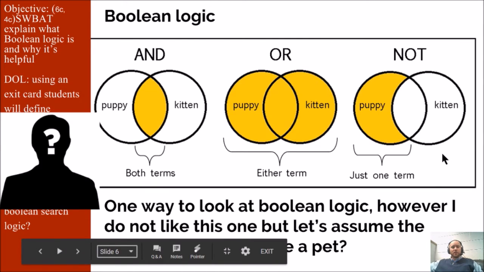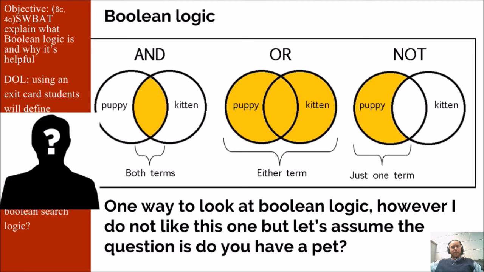So for visual learners, here's a nice little graphic for you to keep in your mind as you wrap your mind around the and, or, and not gates. One way to look at Boolean logic would be this. However, I just don't like it. Let's assume the question is, do you have a pet? So if you have a puppy and kitten, obviously you're yellow in the middle. So that would be both terms.